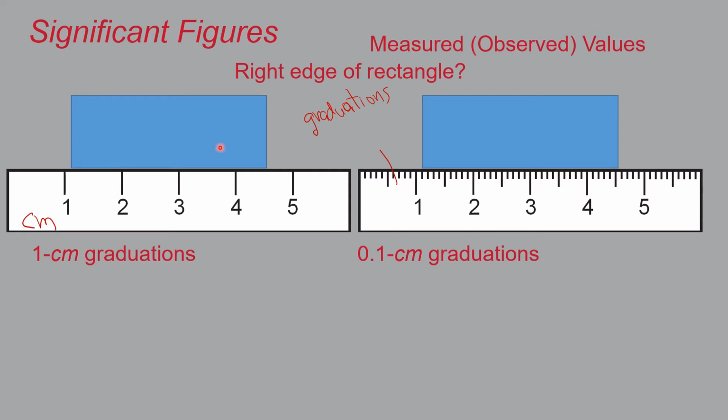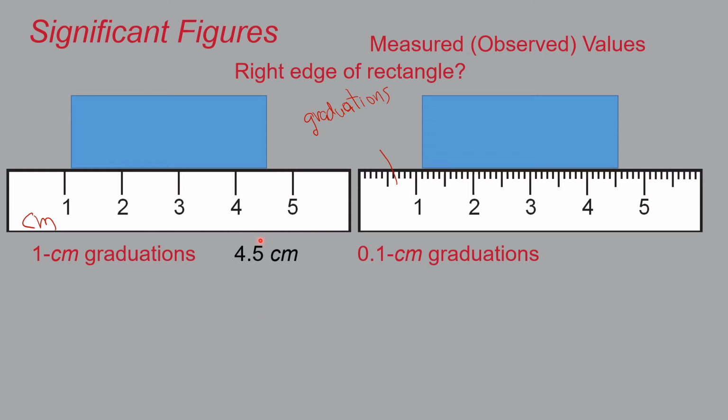Almost no one would say 4 centimeters or 5 centimeters. They would say something in between. The average answer would probably be 4.5 centimeters. Now, some people might say 4.4, some people might say 4.6. I don't think anyone would say 4.7 or 4.8.